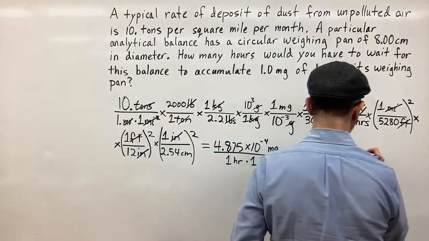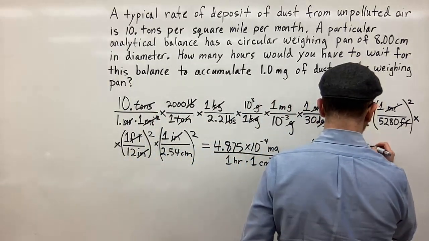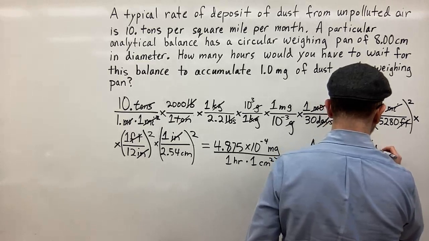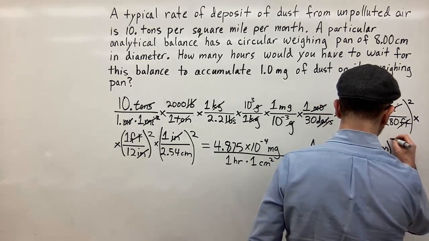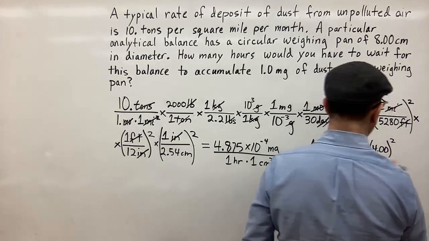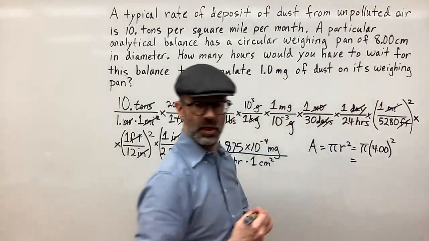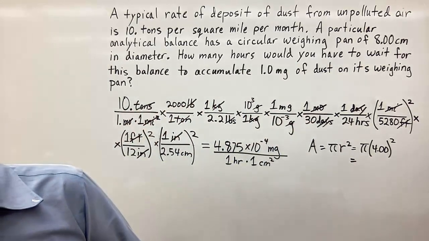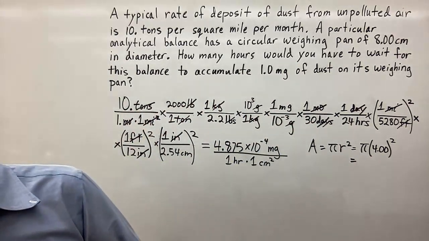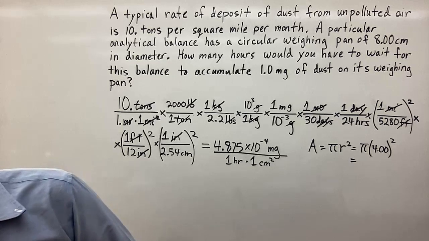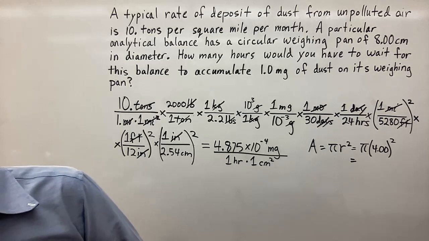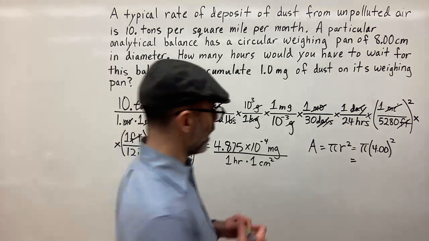So then the area is going to be pi times 4.00 squared, and that's going to give me, and I calculated that out to be, give me a second, 50.265.